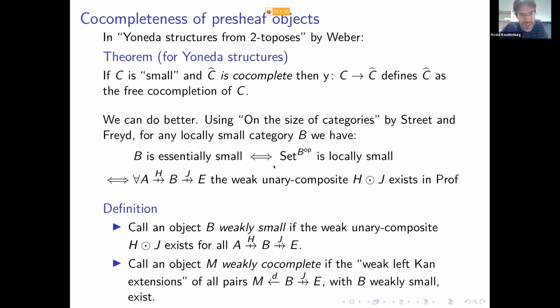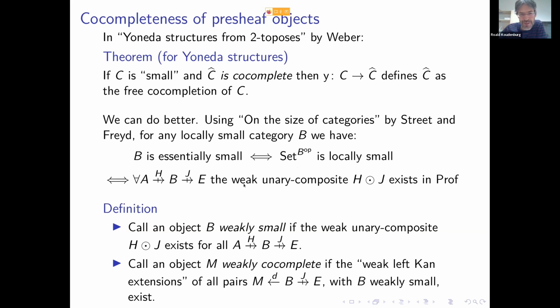And it's not hard to show that that is equivalent to a third condition, saying that for any set pro functors H and J with B in the middle, the weak unary composite of them exists in the augmented virtual double category of set pro functors.